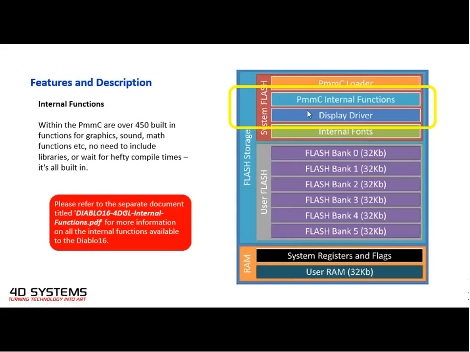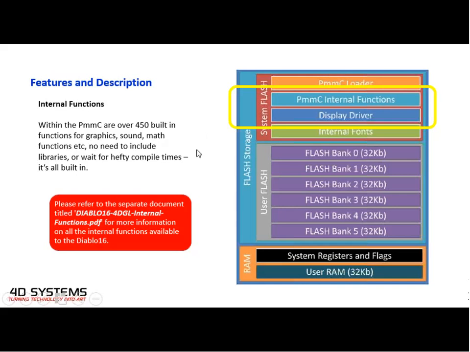Okay, the internal functions are within the PmmC file, and there are over 450 of these built-in functions for graphics, sound, math functions, etc. So that means whenever you have a 4DGL program running, you don't need to include this library.